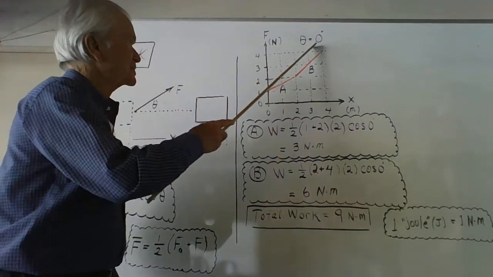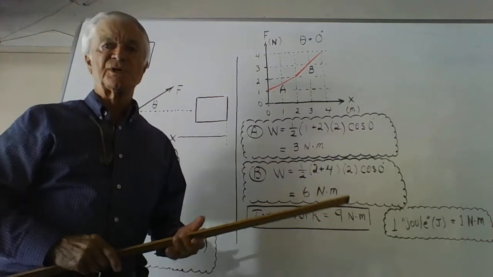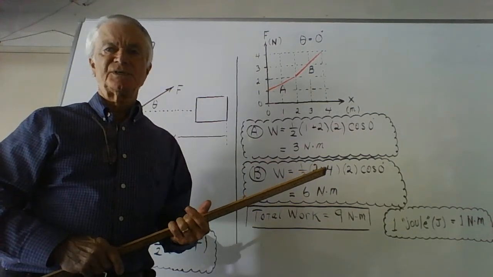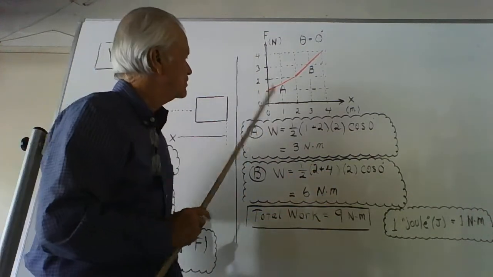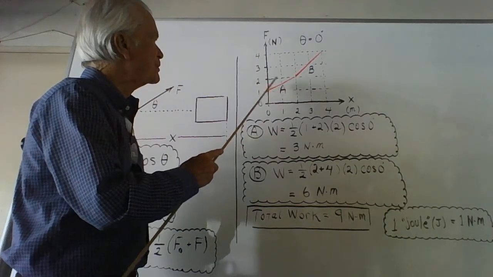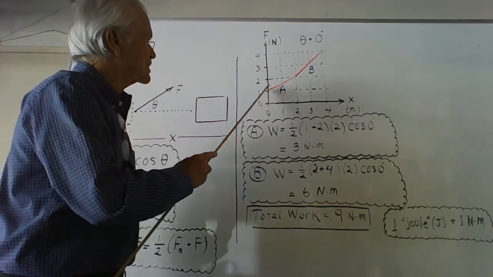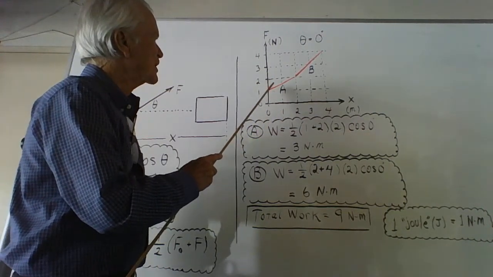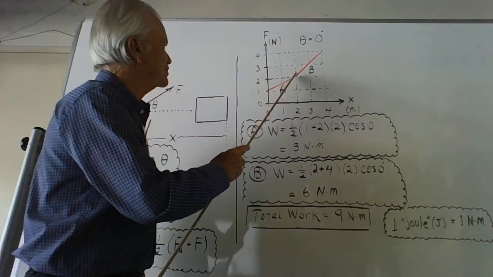So theta is 0, and by the way, the cosine of 0 is 1. And so we have a graph of force versus distance shown in red. From 0 to 2 meters, the force varies from 1 to 2.